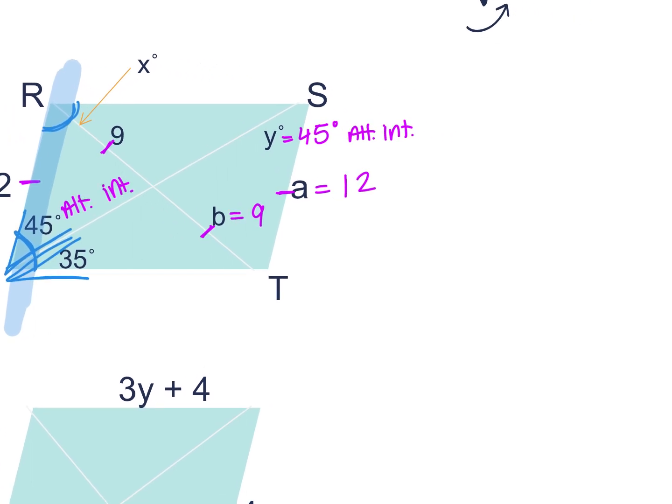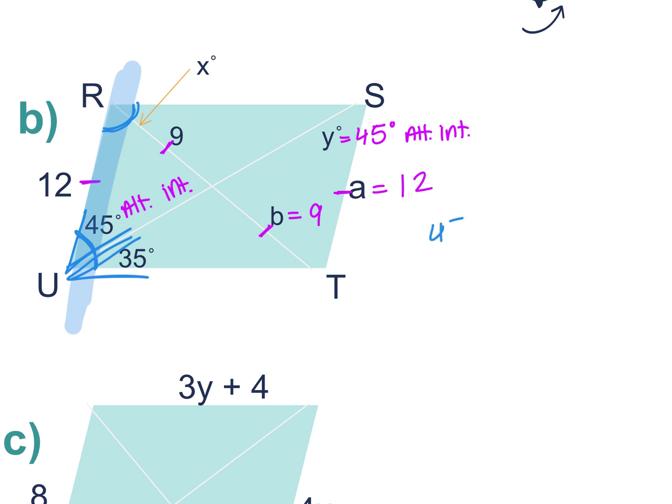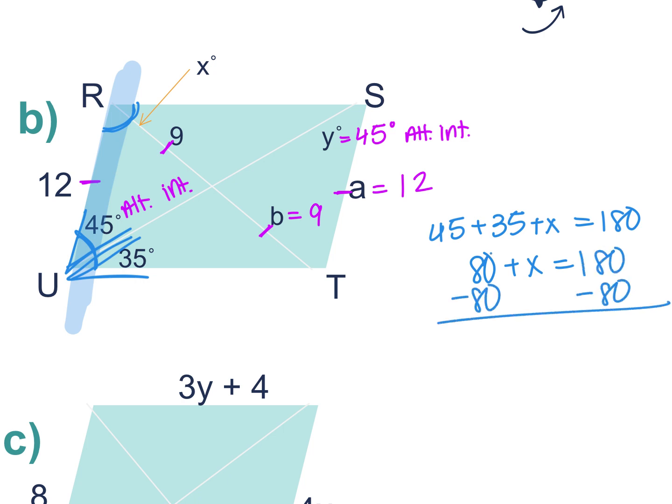So I'm going to do 45 plus 35 plus x equals 180. 45 and 35 gives me 80. Plus x equals 180. Subtract 80. X equals, same thing as before, 100. It's not always going to be 100. It's just these examples came out to 100.